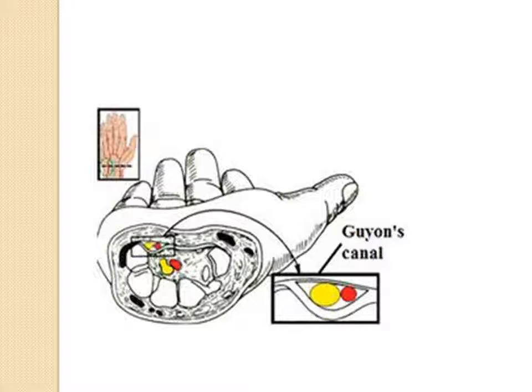And so this is a common site of compression for people who are involved with repetitive hand use or compression on the palmar aspect of the wrist and hand.